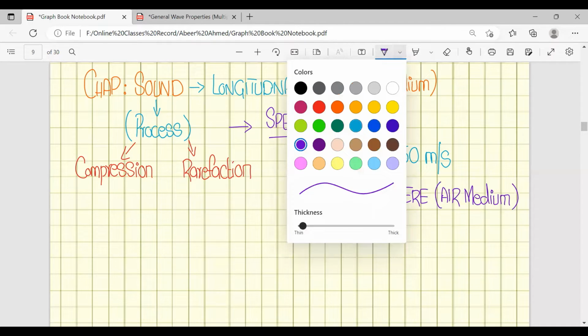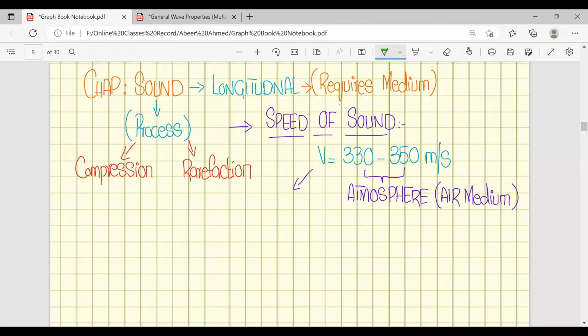That could happen because there are some changes due to the temperature, right? Because temperature might be low at night and high in the summer days.